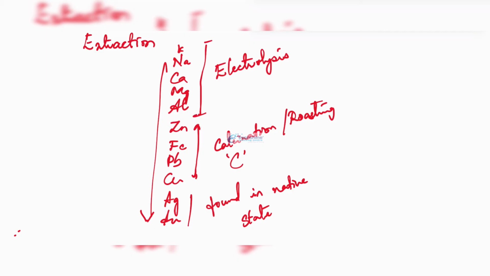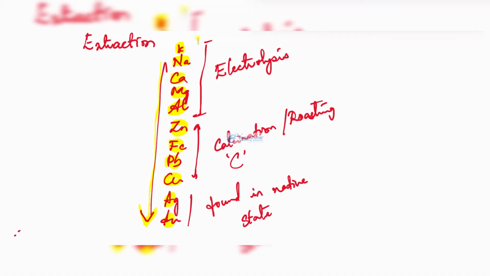See here I have taken the reactivity series. Reactivity series is an orderly arrangement of elements in the decreasing order of their reactivity. The most reactive metal is potassium, next sodium, calcium, magnesium, aluminium, zinc, iron, lead, copper, silver, gold. So it is arranged in the decreasing order of their reactivity, and the series is called the reactivity series.